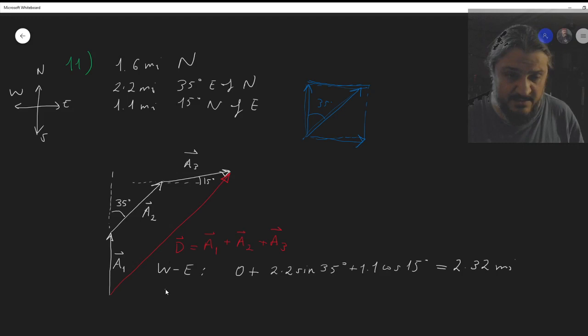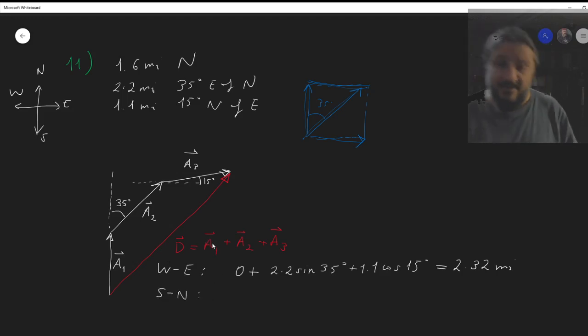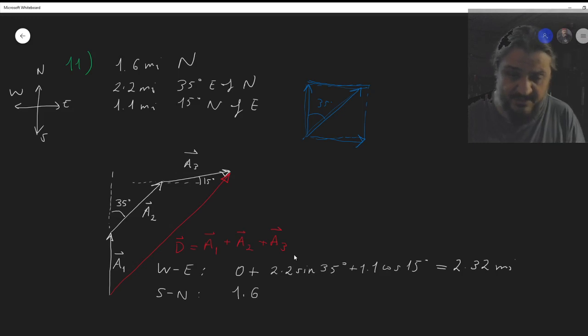What about the south-north component? Now A1 does have a contribution there, right? Itself, 1.6. That's the component along the vertical or north direction. What about A2? That is 2.2 cosine 35, right? This side here, cosine 35.